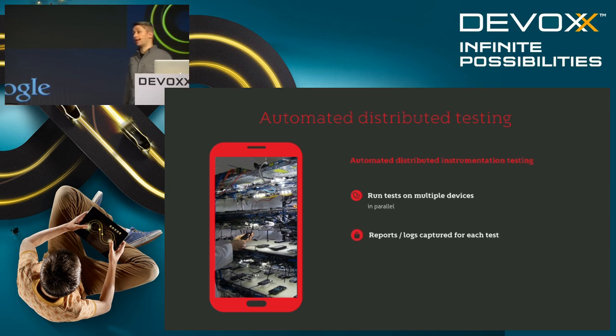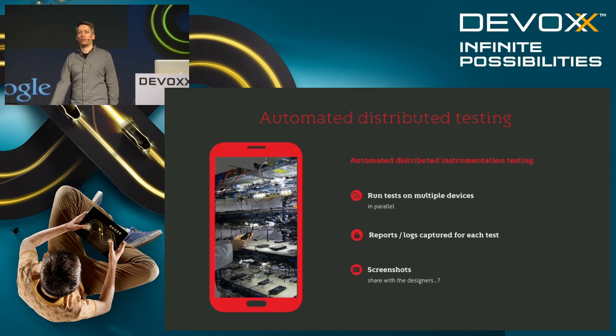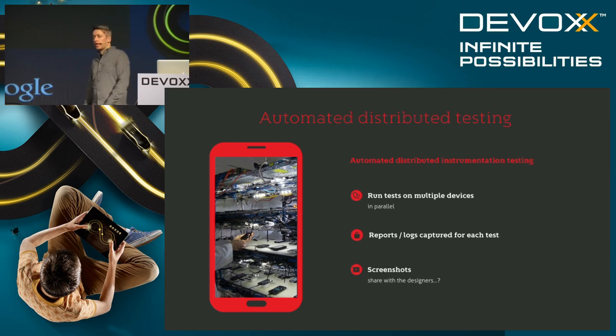And then, of course, it would be nice if you run all these tests on multiple devices, if you would be able to get a few reports and logs captured. And then another thing that's quite good is if you would have the possibility to take screenshots from time to time. And I really think that's handy because not only is it nice to have good visual feedback, but it's also a good thing, I think, if you start sharing that with your designers.